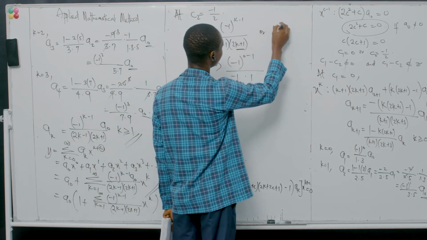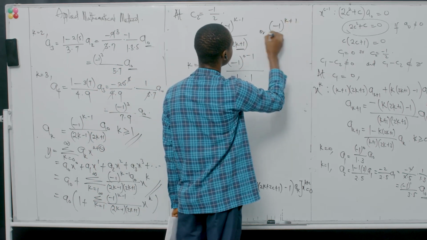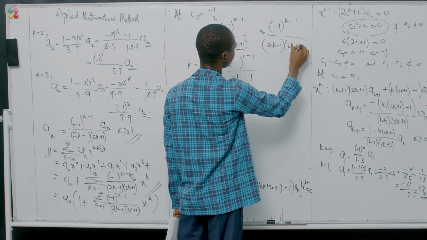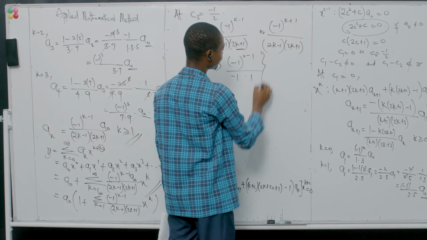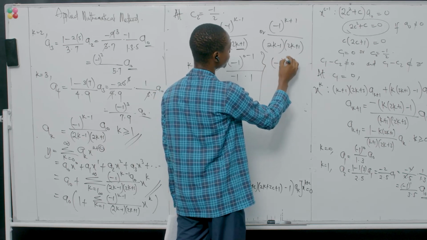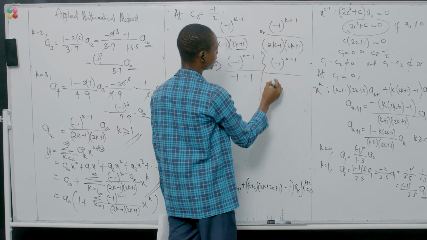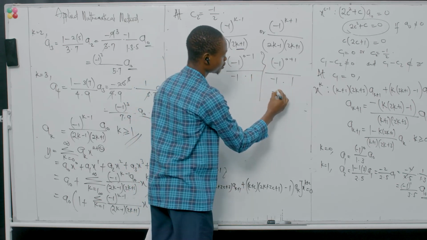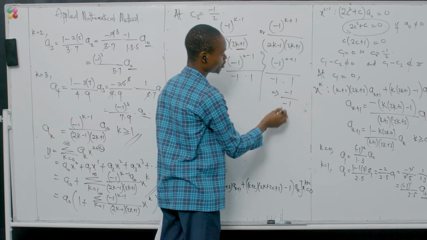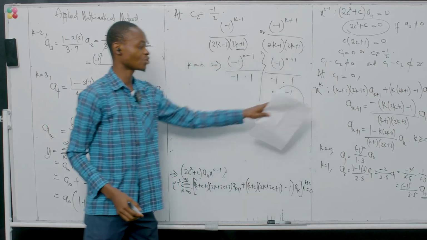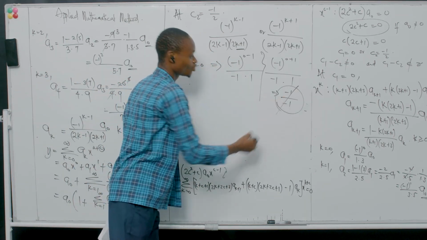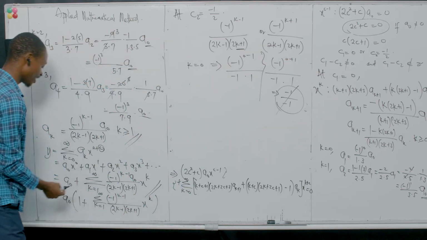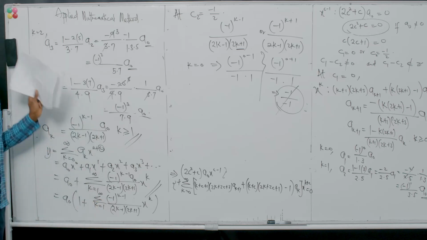If you consider minus 1 raised to power k plus 1 divided by 2k minus 1, 2k plus 1, what happens? In that regard, you now have minus 1 raised to power 0 plus 1 divided by minus 1 dot 1. This one will give us minus 1 divided by minus 1. And by extension, what would we have? You would have 1. But it would not change your entire function. So by the time you get to when k is equal to 1, you will still be fine.